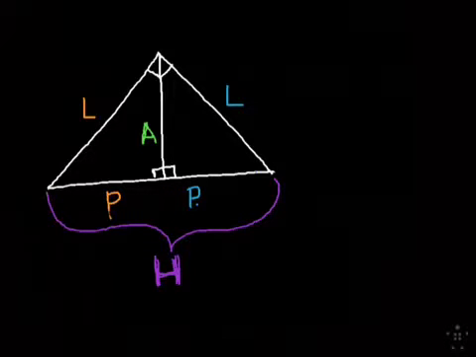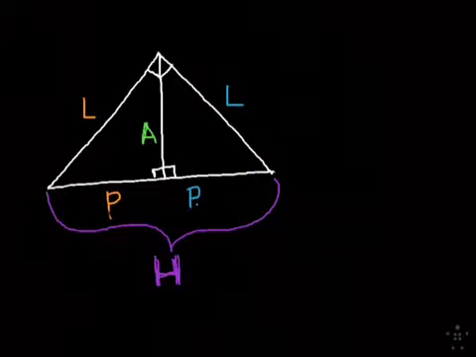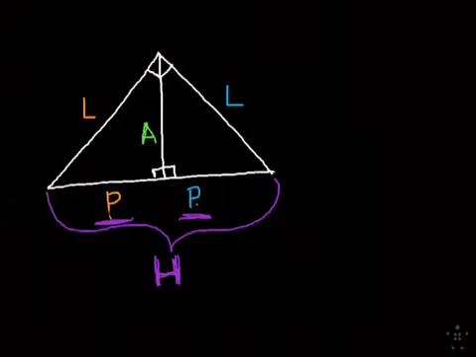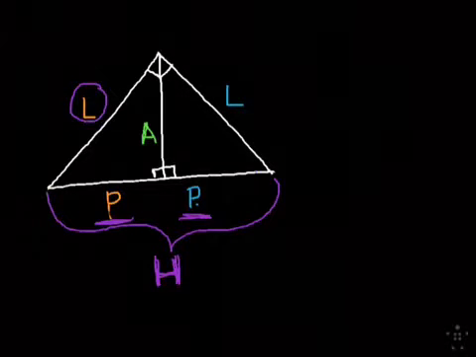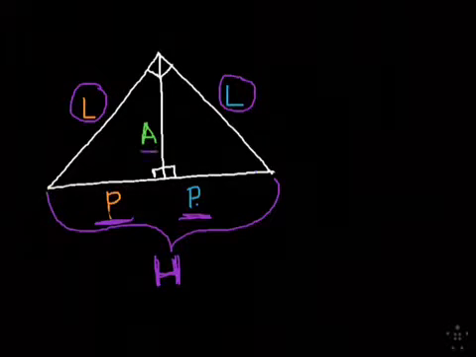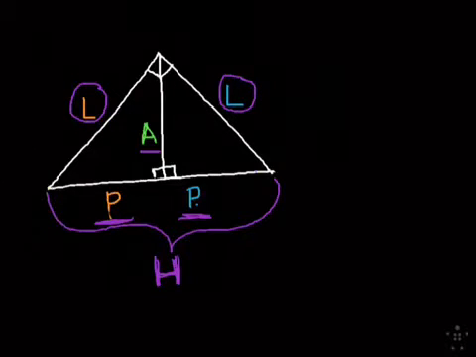And then I have two P's. This P and this P both make up parts of the hypotenuse. And then I have the leg here and the leg here. These are the legs of that right triangle, and of course the altitude in the middle. The altitude is this line drawn down to the hypotenuse, and it forms two right angles with the hypotenuse.